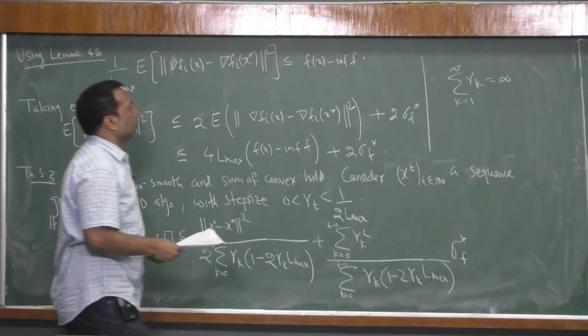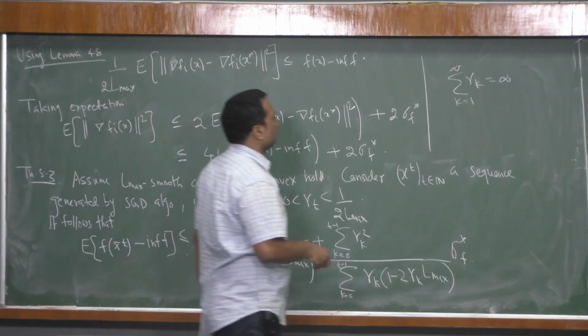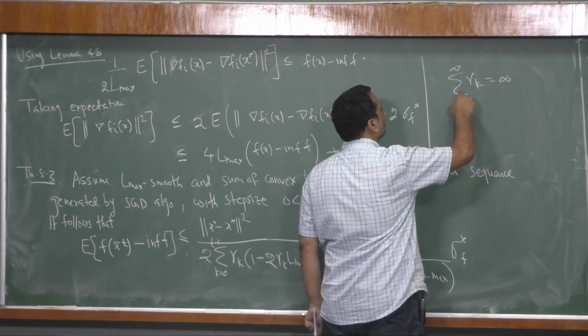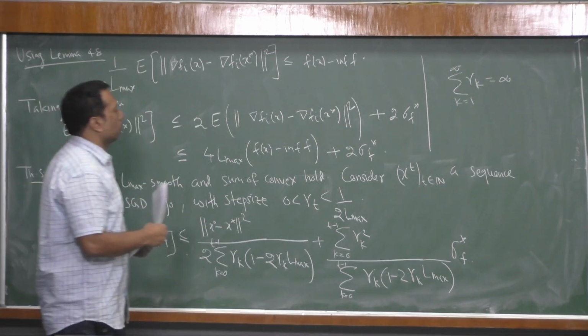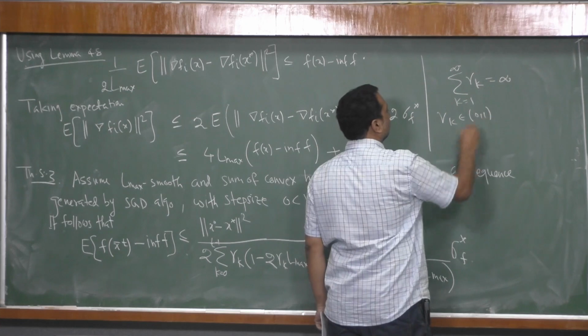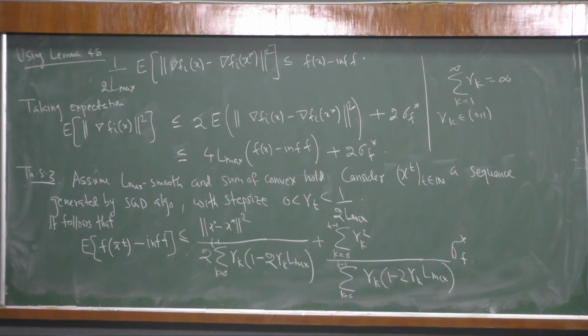Usually you keep these step sizes between 0 and 1. So can you tell me a sequence that takes values between 0 and 1, but the sum is infinity? What could be that sequence? So gamma k in (0, 1), you have to produce a sequence of numbers.